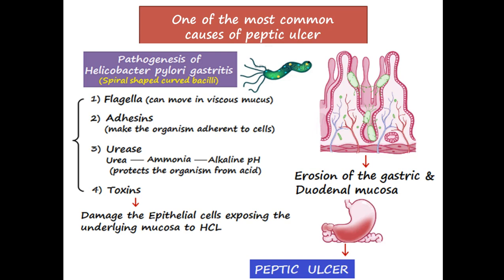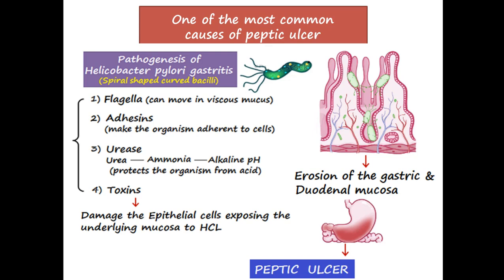Now here I want to mention that not each and every person infected with Helicobacter pylori will develop gastritis or peptic ulcer. Many people infected with Helicobacter pylori have no symptoms or problems. But H. pylori has the potential to cause damage to the gastric mucosa and duodenal mucosa.